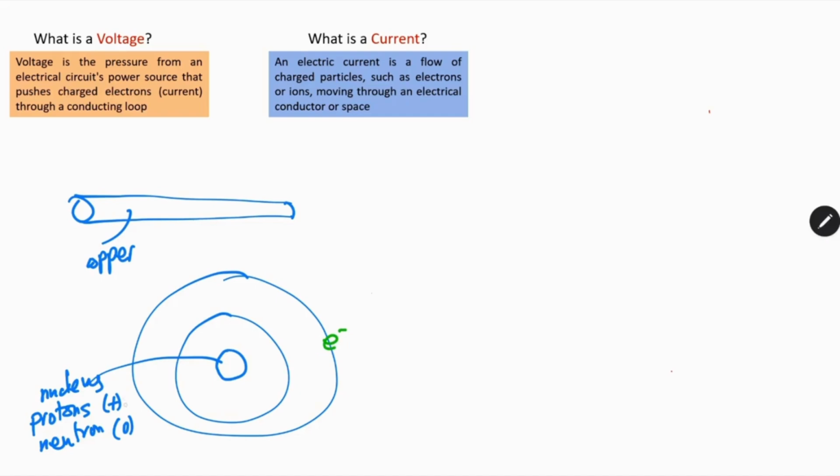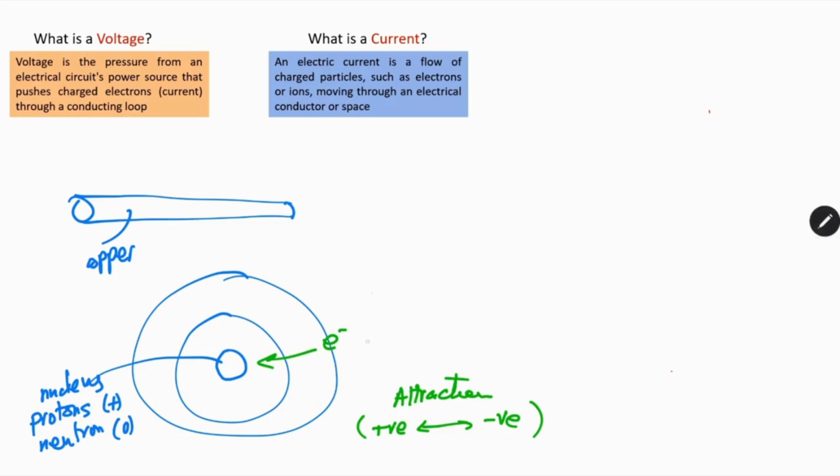Because we know that the positive and the negative have a force of attraction, the nucleus will attract the electrons to bind with the nucleus. So in that case, it provides stability.